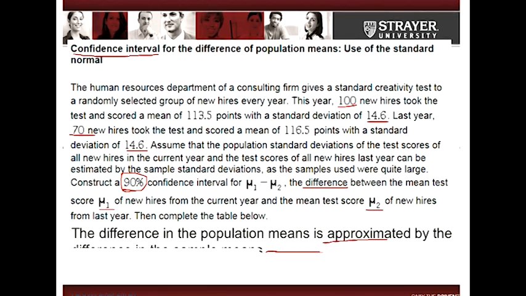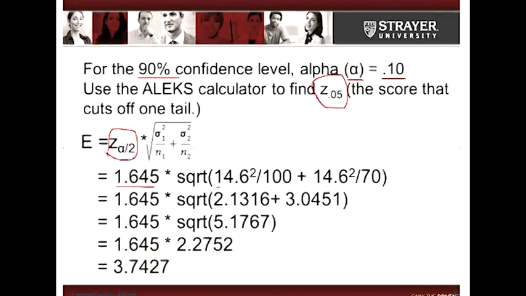So plugging that in, 14.6 squared over 100 plus 14.6 squared over 70.